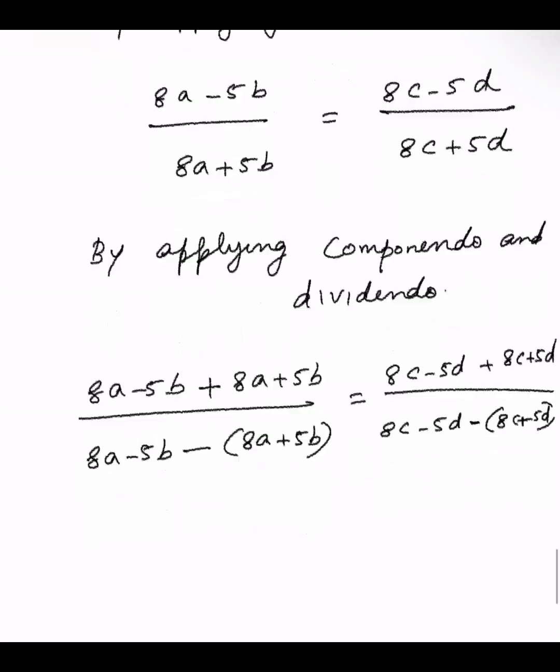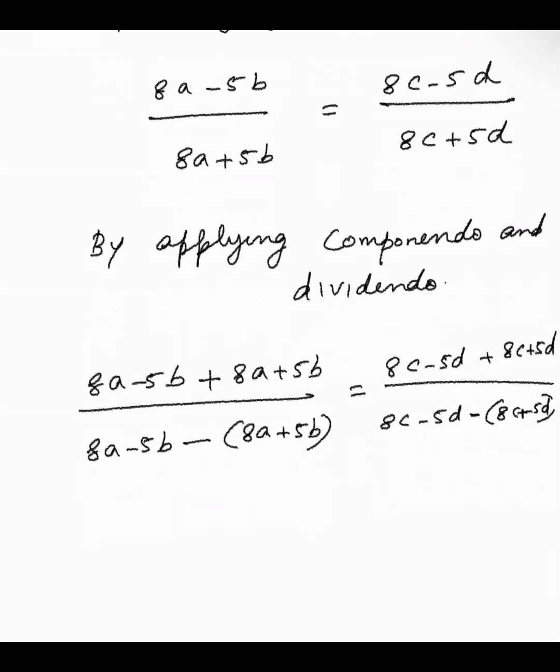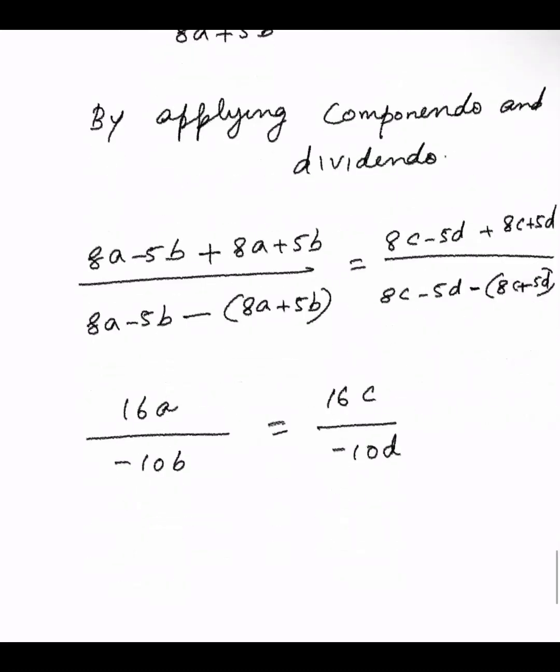This will give me 8a and 8a will give me 16a divided by minus 5b and plus 5b will go off. Here 8a minus 8a will go, minus 10b I will get. Here 8c plus 8c is 16c divided by negative 5d minus 5d, which is negative 10d. So 16 and 16 get cancelled out, negative 10 and negative 10 get cancelled out. I'm left with a by b equal to c by d.